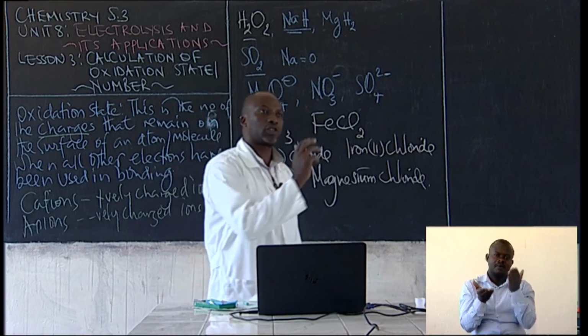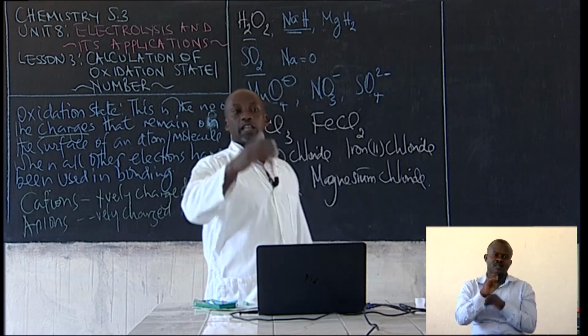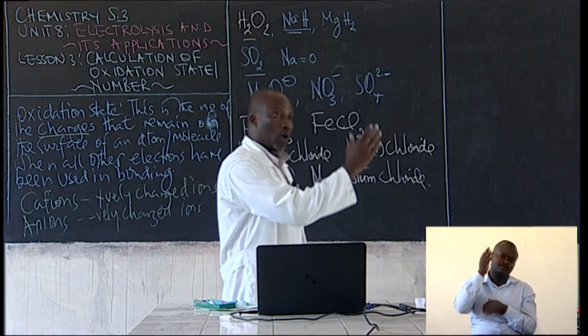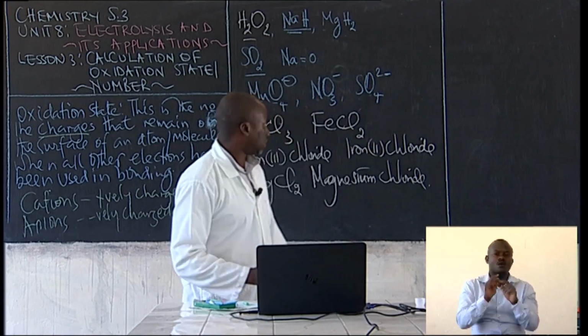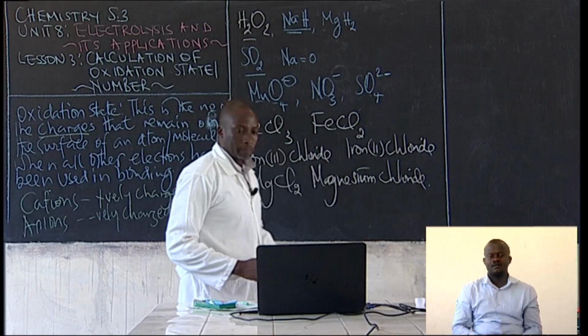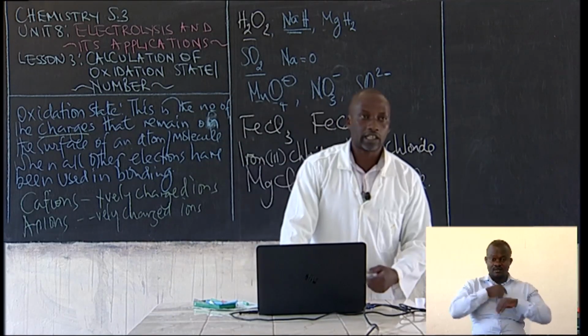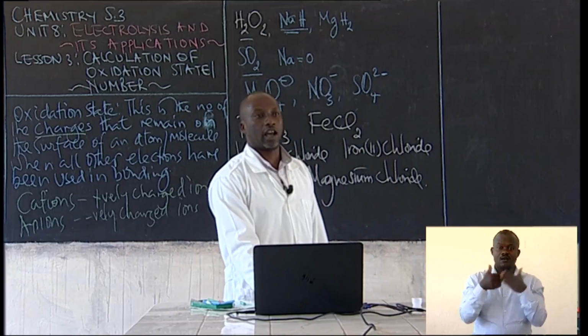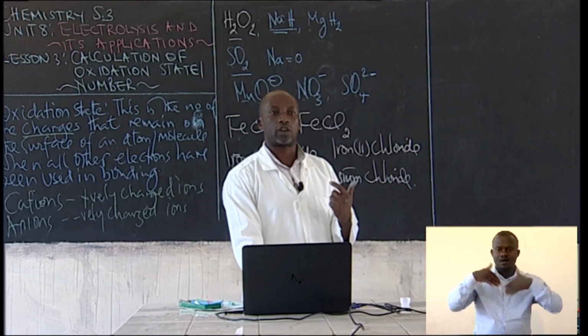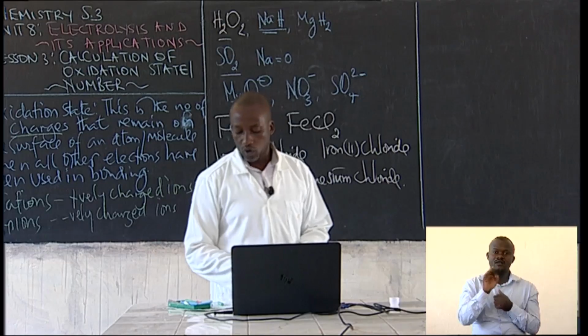You will see that one later on as you go higher in other levels. So here, let us look at the screen and see how we can calculate the oxidation number of sulfur in the following compounds.